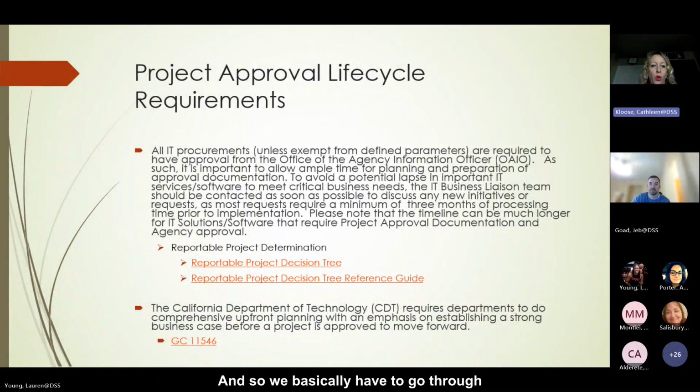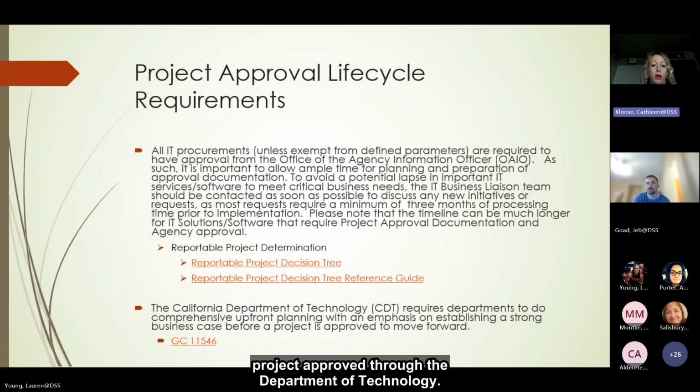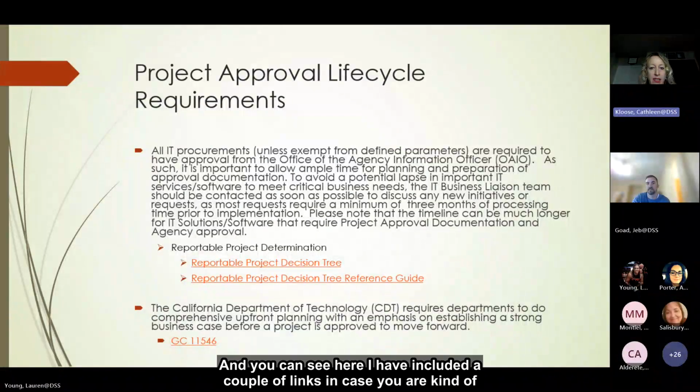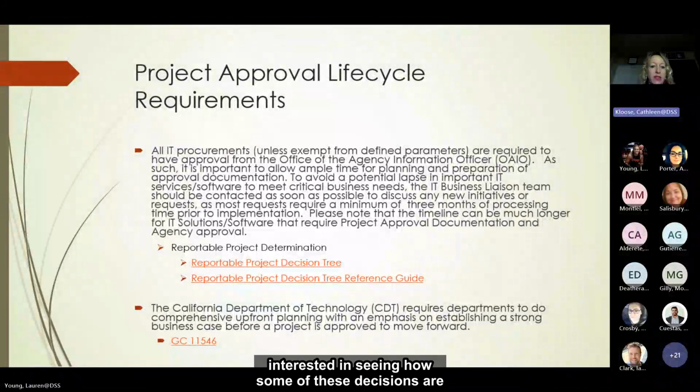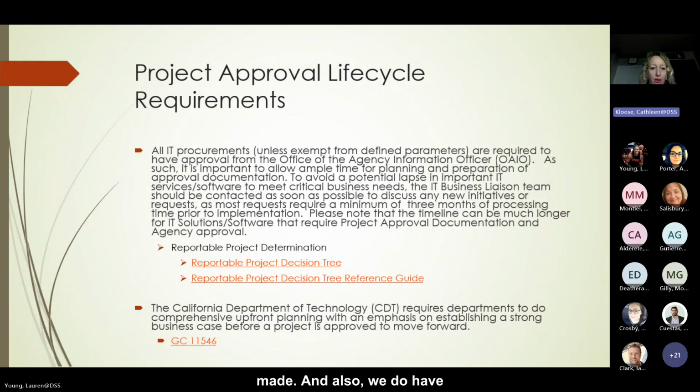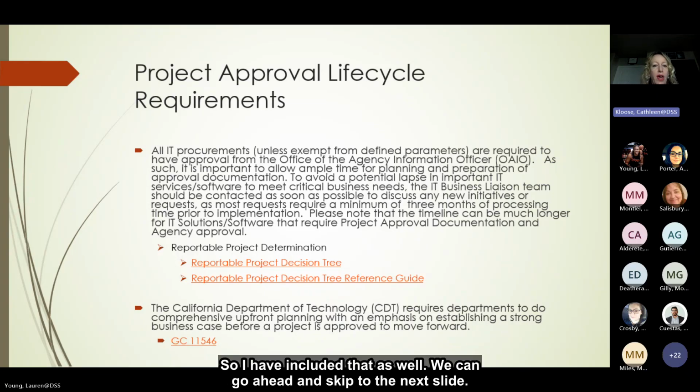We have to go through certain requirements or stages to get the project approved through the Department of Technology. I've included a couple of links in case you're interested in seeing how some of these decisions are made, and we also have a government code on why we do this, so I've included that as well. We can go ahead and skip to the next slide.